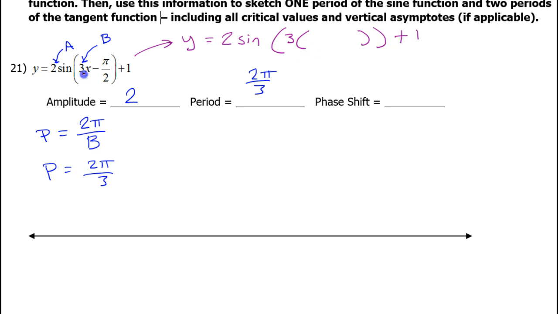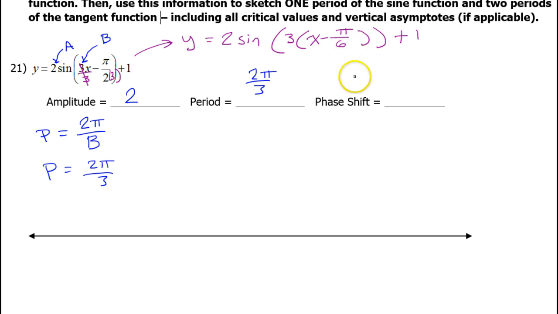Okay, and when you take it outside, you need to divide by it. So I'm really dividing everything by 3 in order to do this. And when you divide a fraction by 3, you really just put the 3 in the denominator. That's how you divide a fraction by a number. So these 3's will cancel each other out.